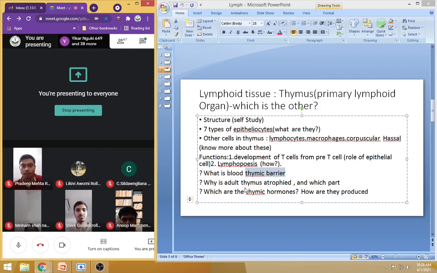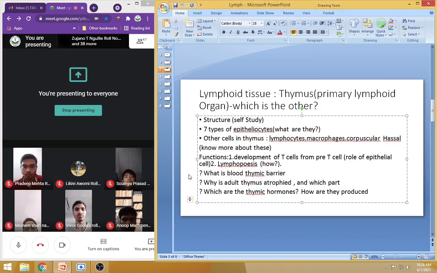This thymus is very well developed in children and in animals. Why? In adults, it is almost atrophied, right? The cortex, which consists of the epithelial part, is almost atrophied. It's only the medulla which persists.